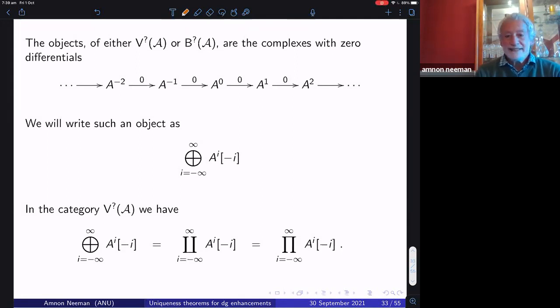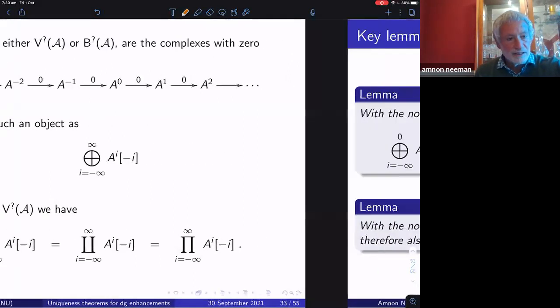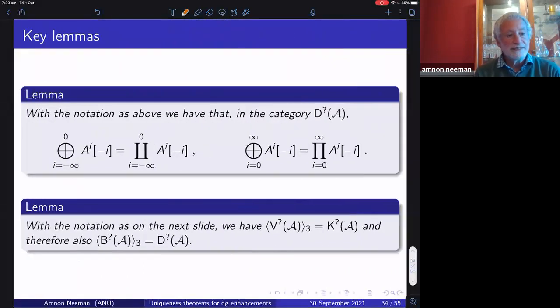Now, in the category V, the direct sum actually satisfies the universal property of the coproduct and the universal property of the product. But this is not true in the category D of A. In the category D of A, it needs proof.